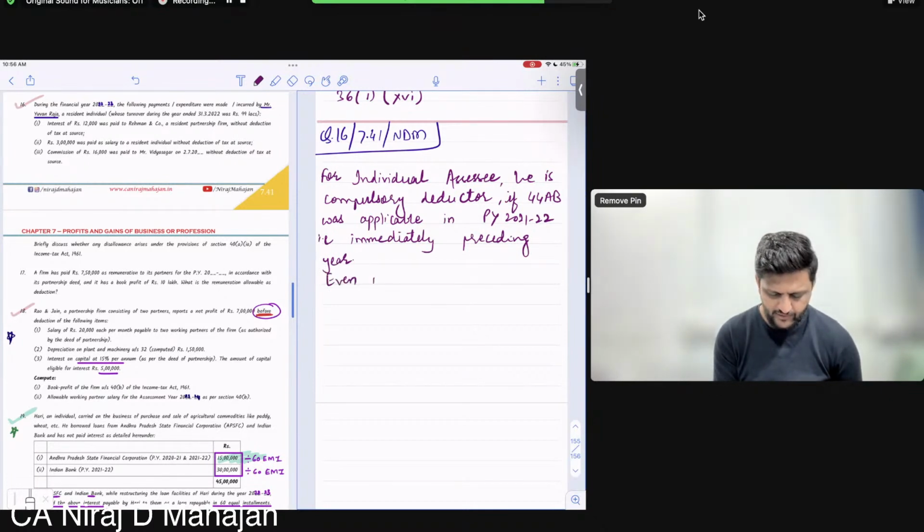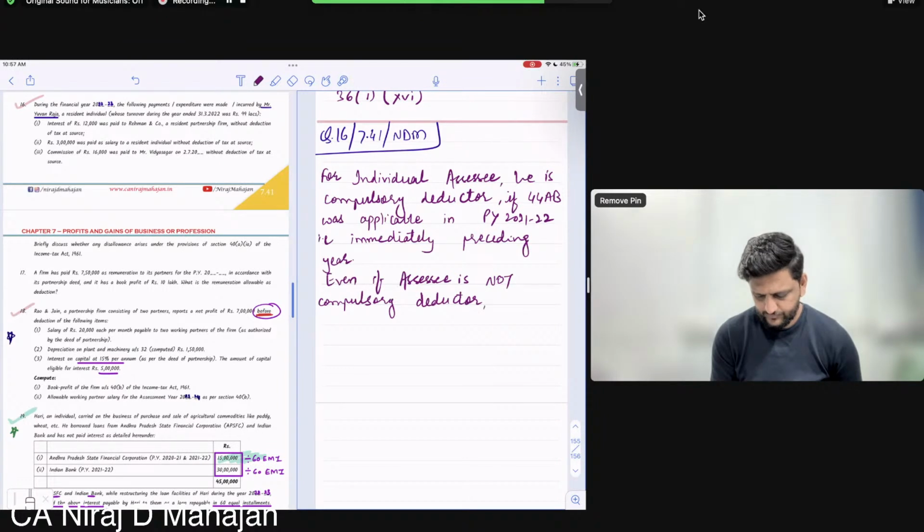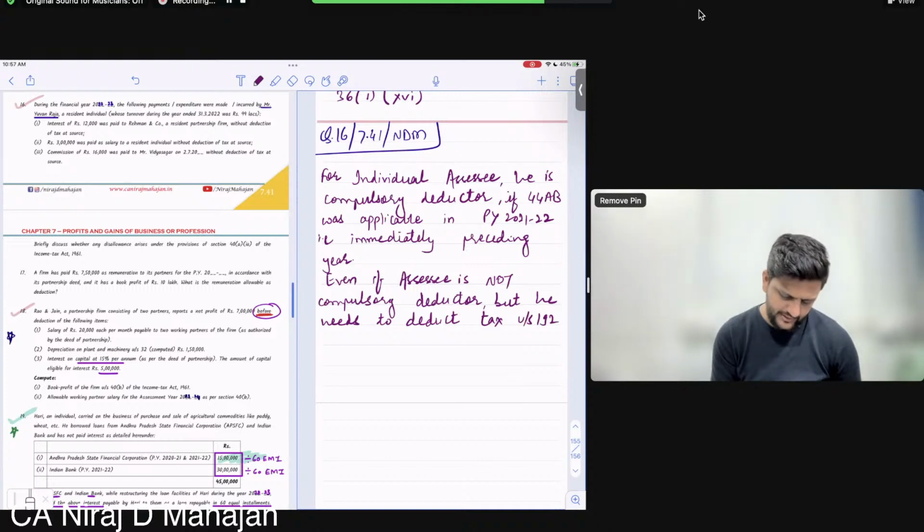Next line. Important. Even if the assessee is not a compulsory deductor, he needs to deduct tax under section 192 for payment of salaries.